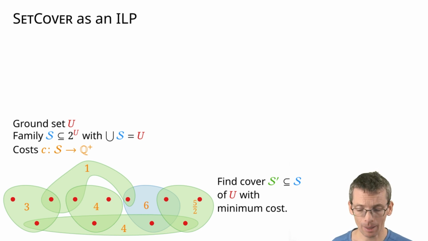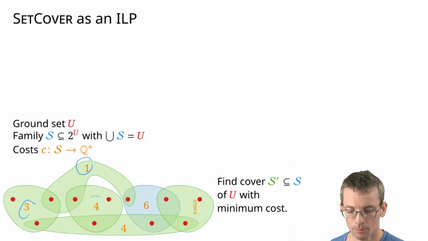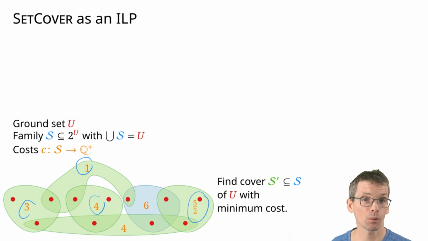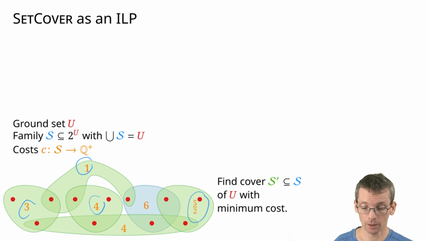So in my example, this would be 3 plus 1 plus 4 plus 5 half. If those are the sets that I choose for my set cover, they jointly cover the point set, and this in this example is also a minimal set cover. So how do we model this as an integer linear program?